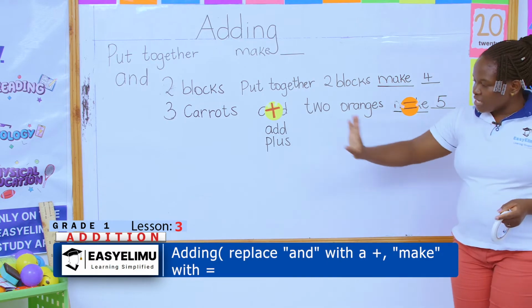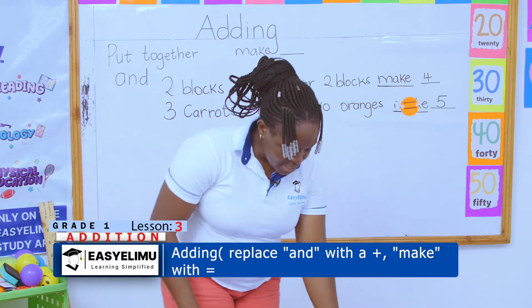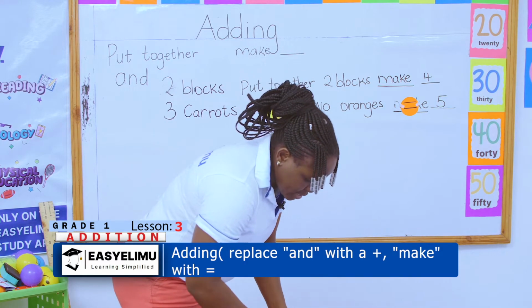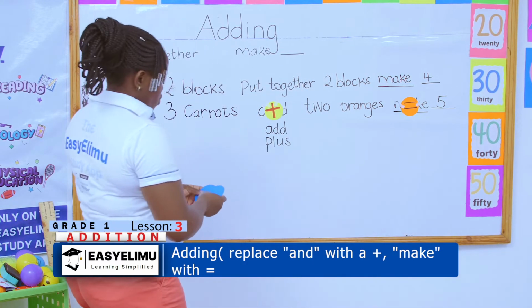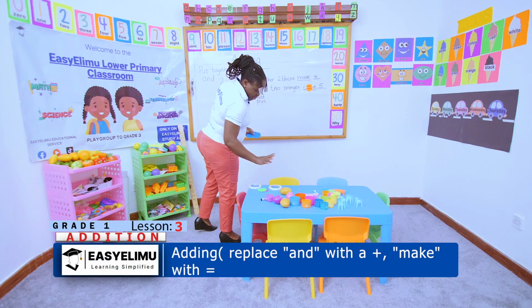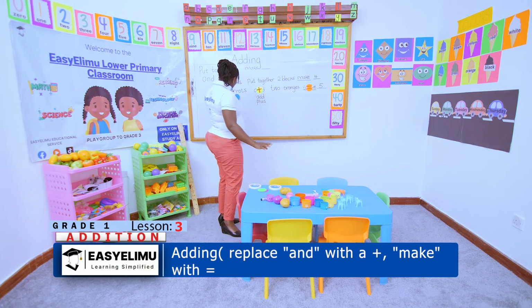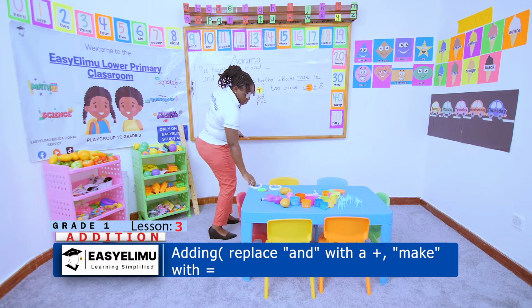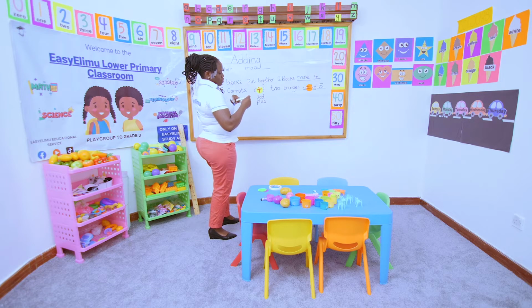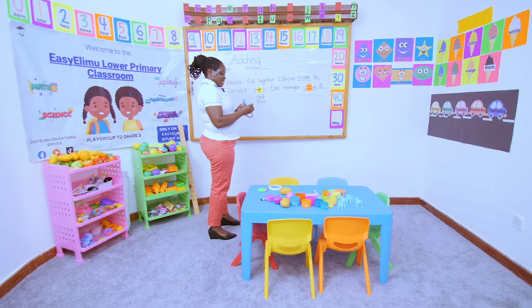So let us represent the 3. Let us assume these are the 3 carrots. Kate's mother bought carrots, but today we are not going to use the carrots because I heard that someone ate them after their lesson.